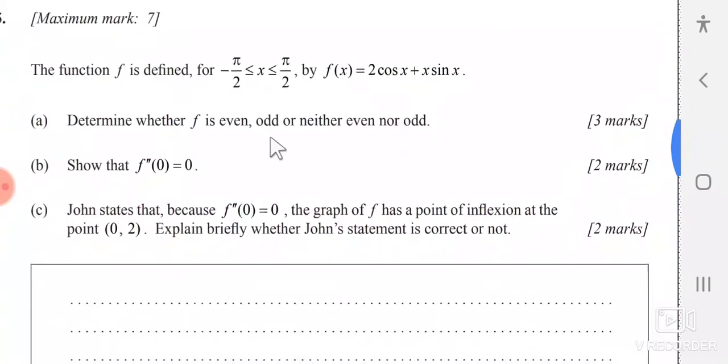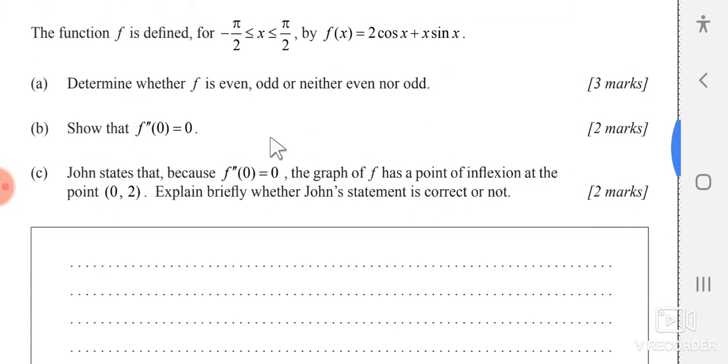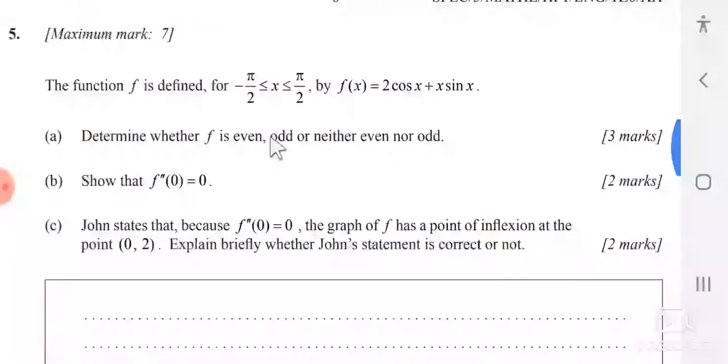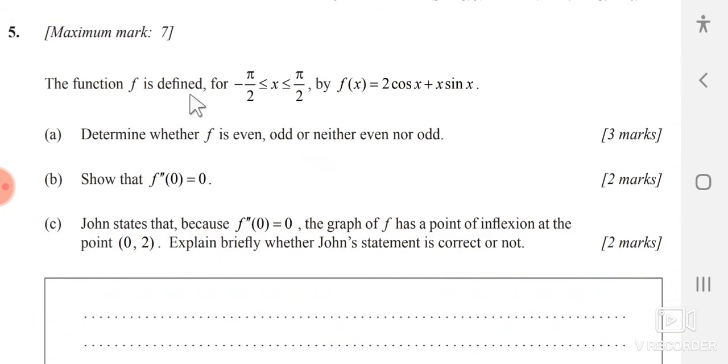Now in the same way, I'm going here. This is the fifth question. The function f is defined by this, f(x) is equal to 2 cos x plus x sin x. Determine whether f is even, odd, or neither even nor odd.